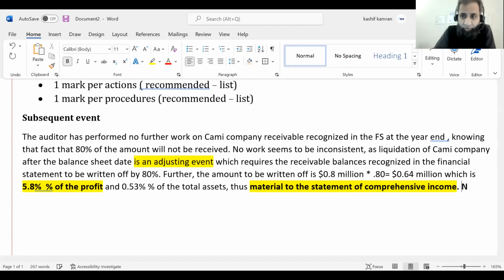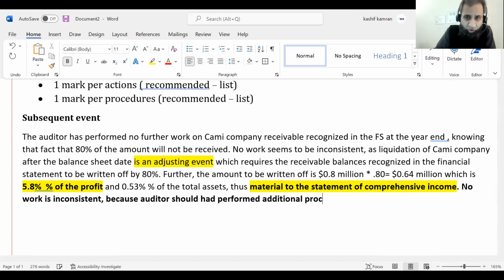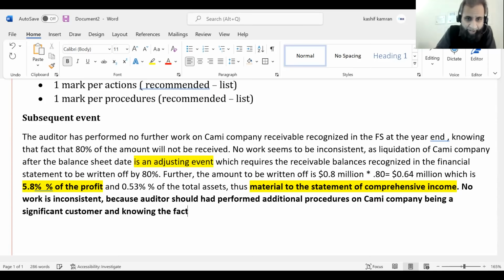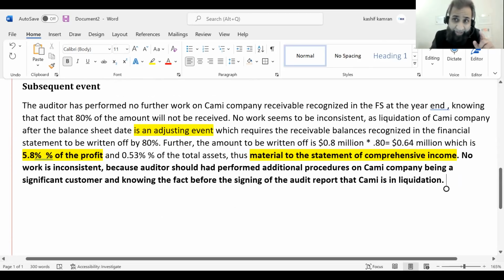Lastly, the no work is inconsistent because the auditor should have performed additional procedures on Cami company, being a significant customer, and knowing the fact before the signing of the audit report that Cami is in liquidation.